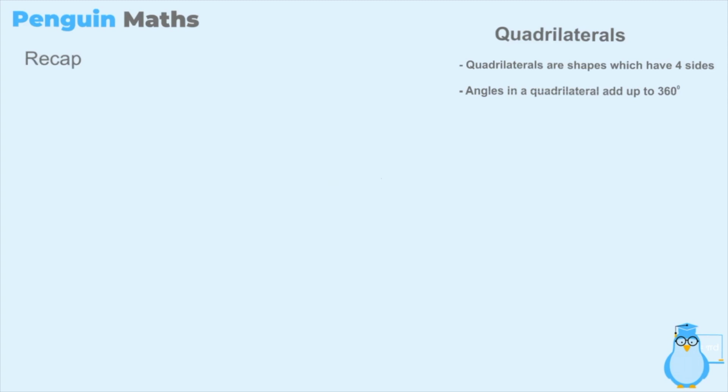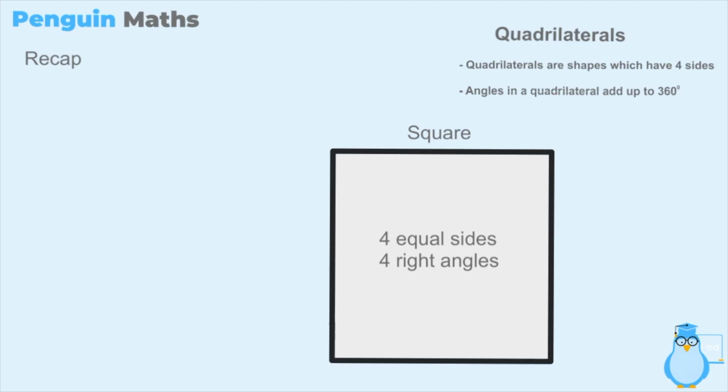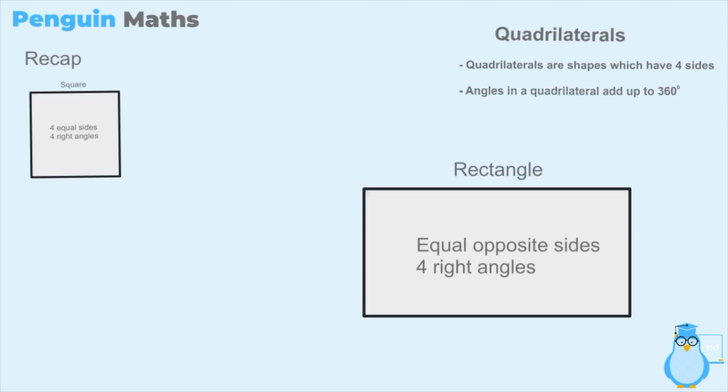So let's recap what we've covered in this lesson. We defined a quadrilateral as shapes which have 4 sides and angles that all add up to give 360 degrees. We said a square was a quadrilateral which has 4 equal sides and has 4 right angles. We said that a rectangle has equal opposite sides and 4 right angles.